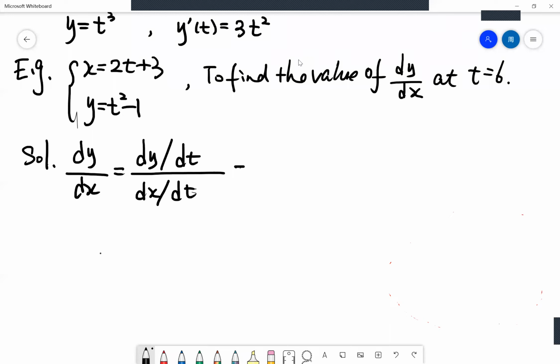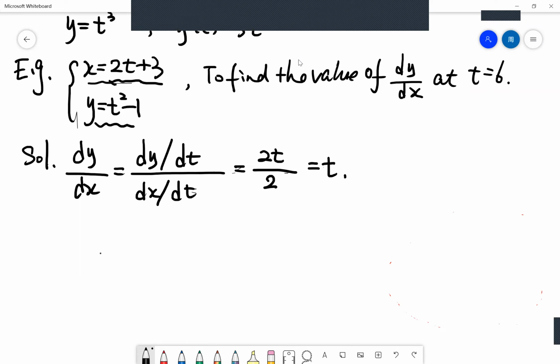And dy by dt, here y equals t squared minus 1, so that equals 2t. And dx by dt, here x equals 2t plus 3, so that is 2. So we have dy by dx equals t.